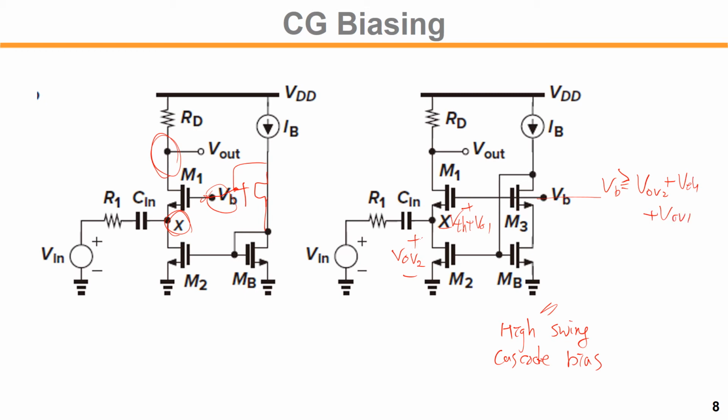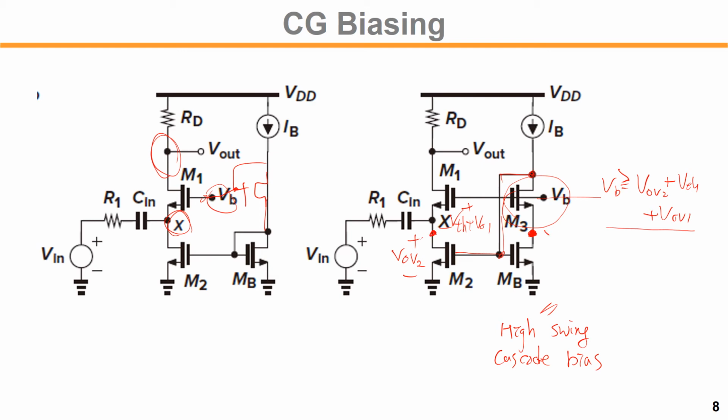So if we generate this much VB and we use the diode current mirror like this, we can generate the current source. The reason why we have M3 on the diode connected device MB is that we stack M3 on top of MB in order to have a similar voltage on the drain.